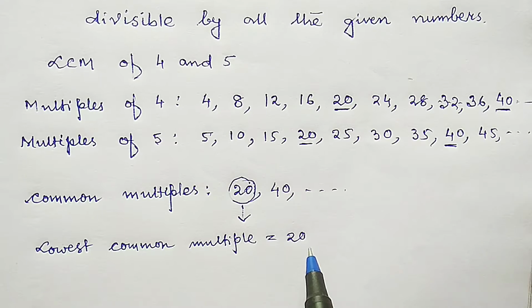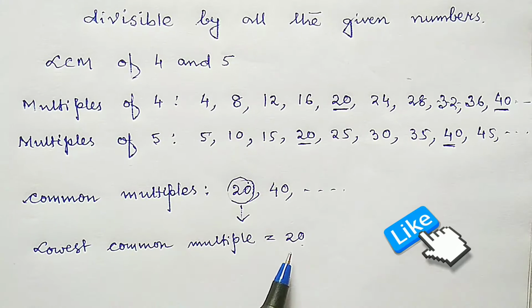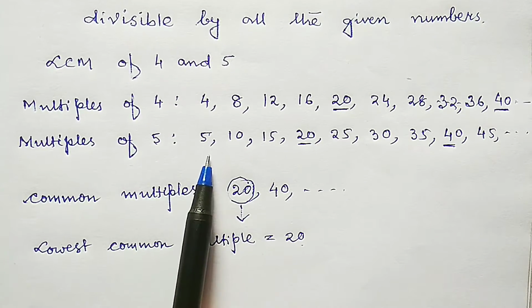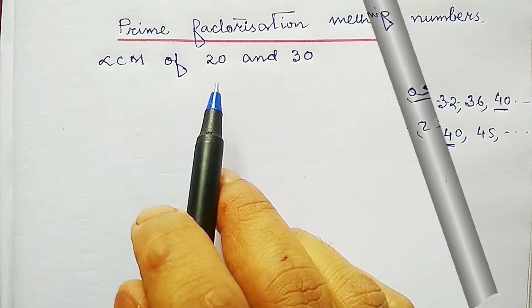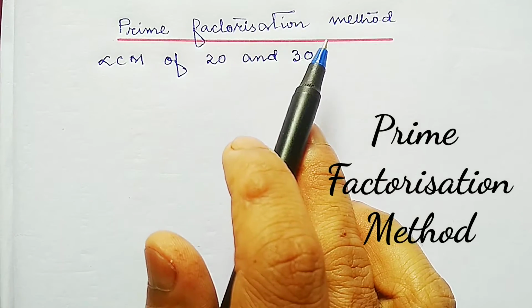That means 20 is the smallest number which can be divided by both 4 and 5. Below 20, there is no number which can be divided by both 4 and 5. Since 20 is the smallest number which can be divided by both 4 and 5, so 20 is the LCM of 4 and 5. How to find LCM of 20 and 30 by prime factorization method.